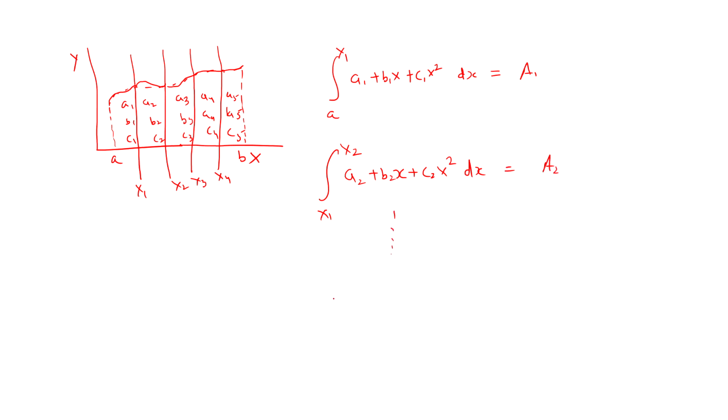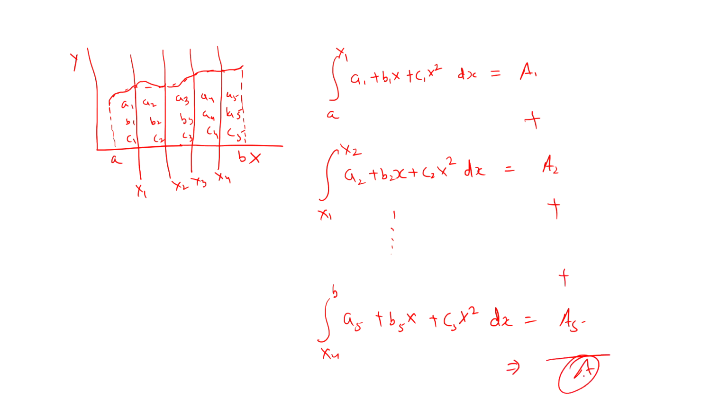Like this I will solve up to x4 to b, a5 plus b5 x plus c5 x square dx is equal to A5, and I will sum these, and this will give me the total area. This is an approximated area, so this is the numerically calculated area. So this is how basically we will do the numerical integration.